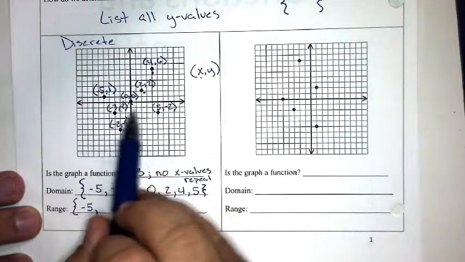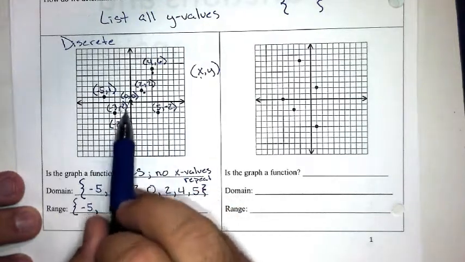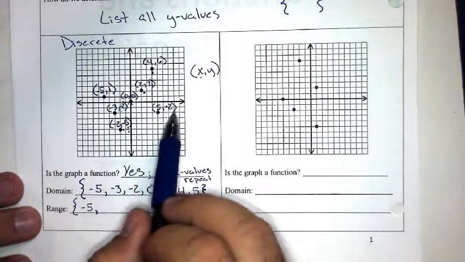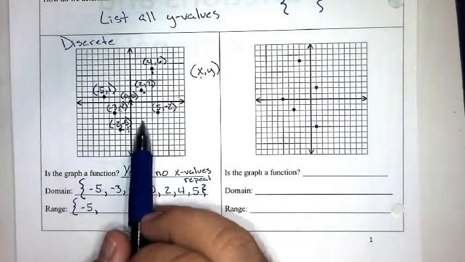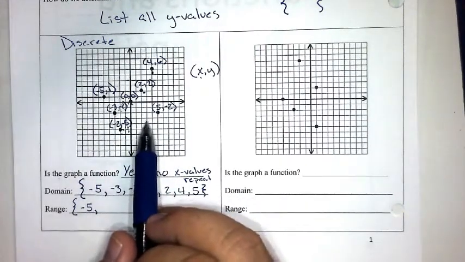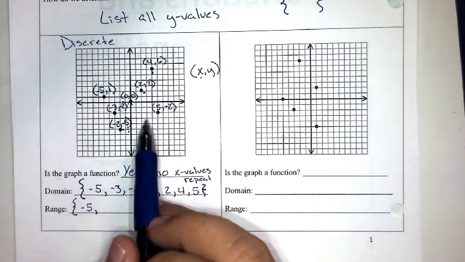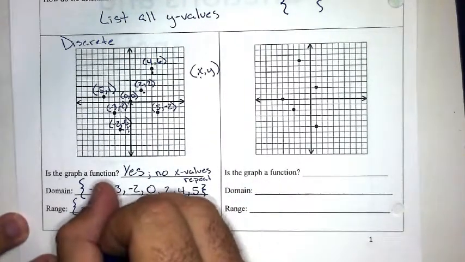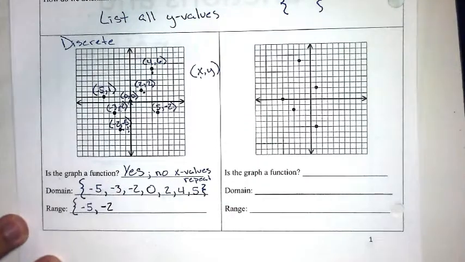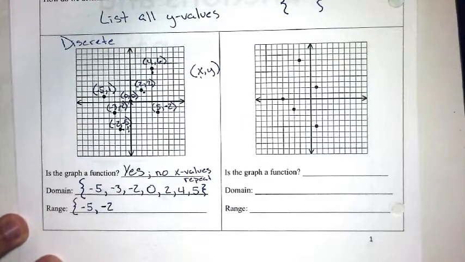-2. How many -2s do I have here, though? I have 2. When you list out all your x and y values, if you have more than 1, you only have to write 1. I'm not going to put -5, -2, -2. I'm not going to write it more than once because mathematicians, not only do they try to make themselves sound smart with all these fancy words, they're also lazy, which is probably why I'm so good at math.